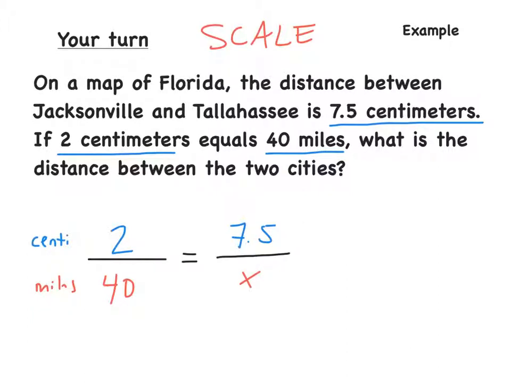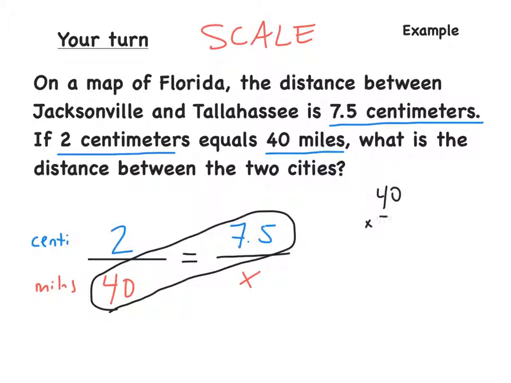Alright, so in this I'm going to use the cross products. So what is 40 times 7.5? So 40 times 7.5, we have 5 times 0 is 0, 5 times 4 is 20, bring down a 0, 7 times 0 is 0, 7 times 4 is 28, add them all up, 0, 0, 0, carry the 1, 3.